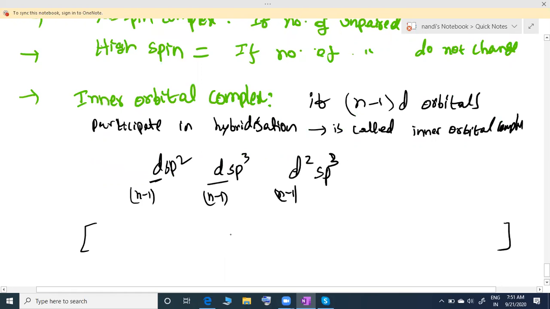If you remember crystal field theory, according to that there is the spectrochemical series. If you remember that, it is easy to write which is a strong field ligand and which is a weak field ligand. So you can write, when they are forming an inner orbital complex, in the presence of a strong field ligand.